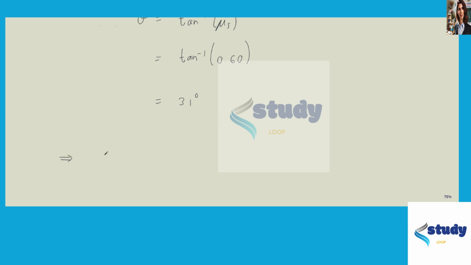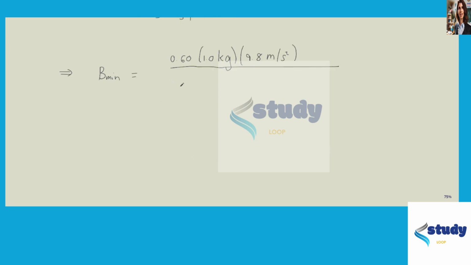And so this gives us a minimum field strength, B min, of 0.6 times 1 kg times g, which is 9.8 meters per second squared, divided by the current of 50 amperes times 1 meter times the cosine of 31 degrees plus 0.6 times the sine of 31 degrees.